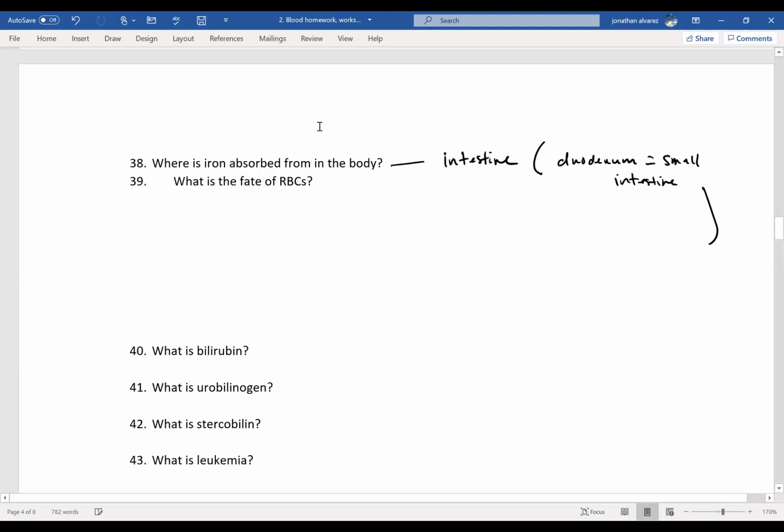Okay, so if a person has a busted gut, they're going to have a hard time absorbing iron.